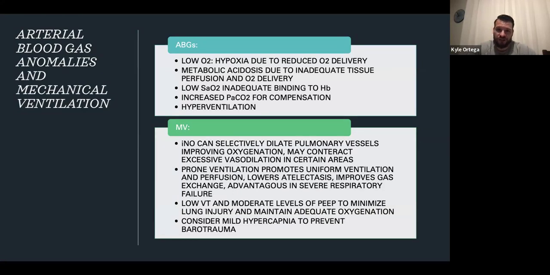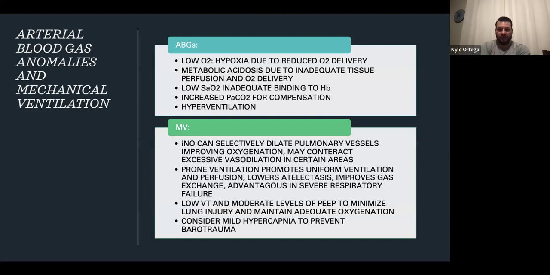You're going to have low SATs, which means inadequate binding to the hemoglobin in the blood. Increased carbon dioxide for compensation, which is hyperventilation. That hyperventilation plus the metabolic acidosis occur concurrently; the body usually compensates for acidosis by an increase in respiratory rate.